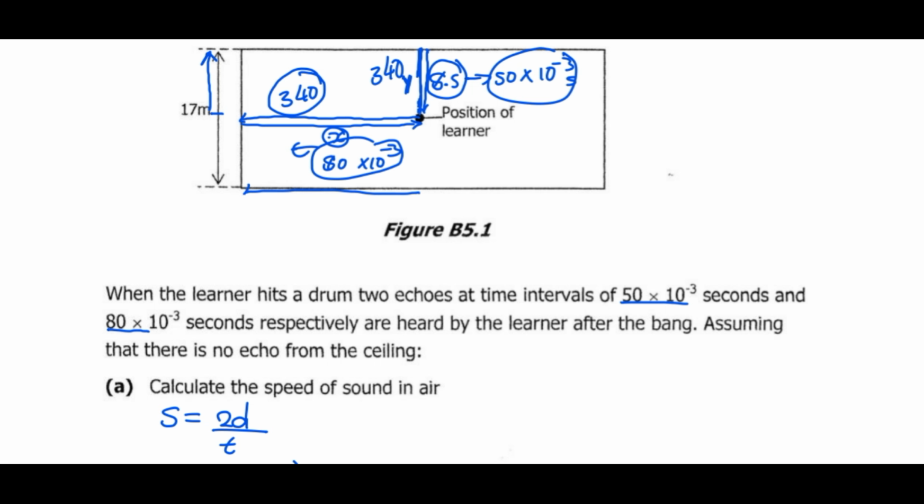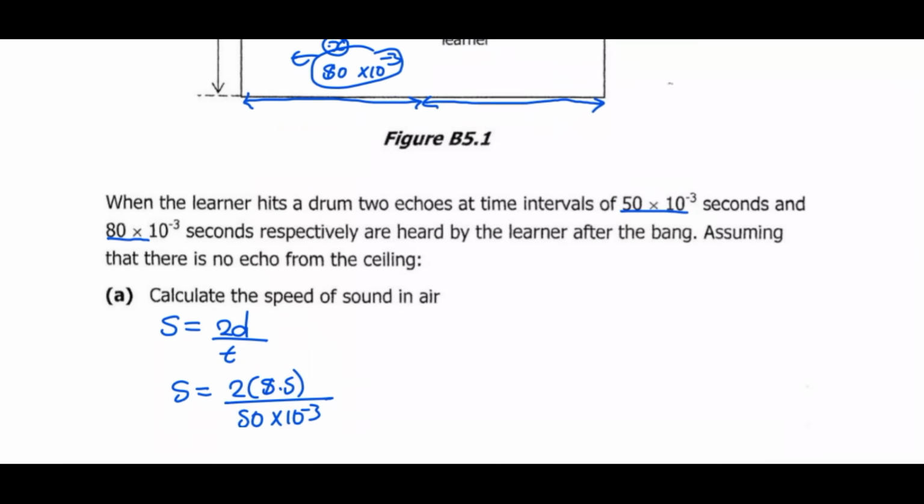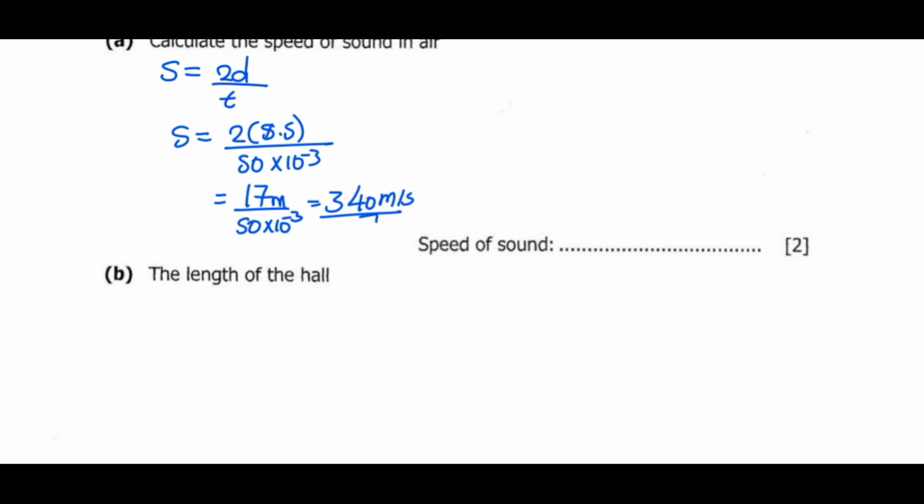If we are able to find this distance, we can just multiply by 2, then we are able to get this distance here. So that was the concept. So the question is the length of the hole. So what you do, S is equal to 2d for an echo over t, we cross multiply. So it's 2d is equal to S times time. What is the speed? The speed is 340 times the time is 80 times 10 to the power negative 3.